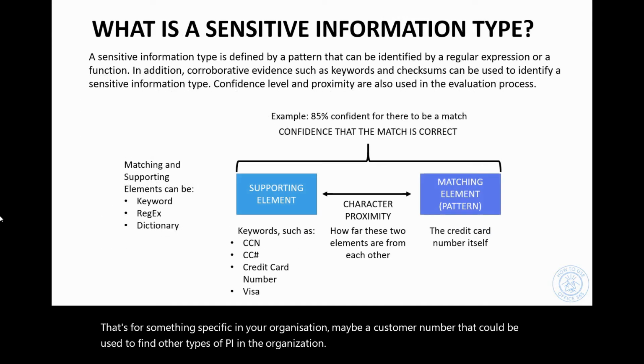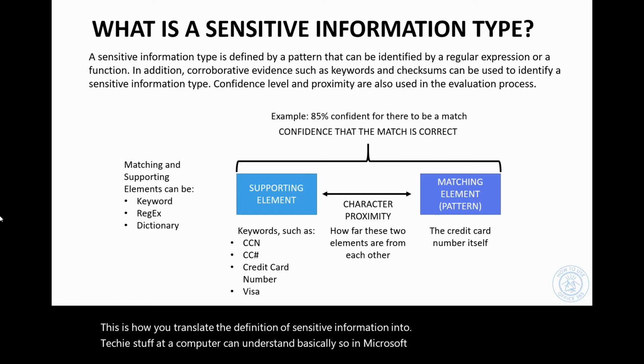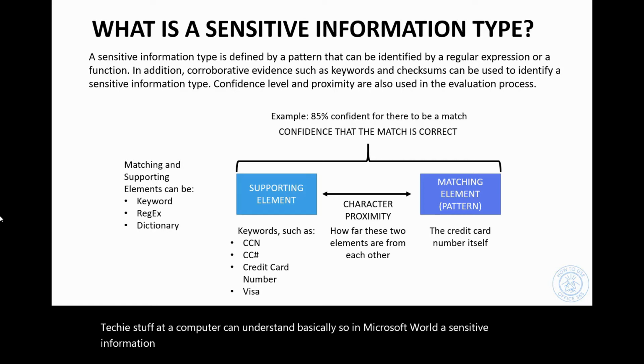So then what is a sensitive information type? Well, this is how you translate the definition of sensitive information into techie stuff that a computer can understand, basically. So in the Microsoft world, a sensitive information type is defined as finding a pattern that you can identify by either using a regular expression or a keyword or a keyword dictionary.